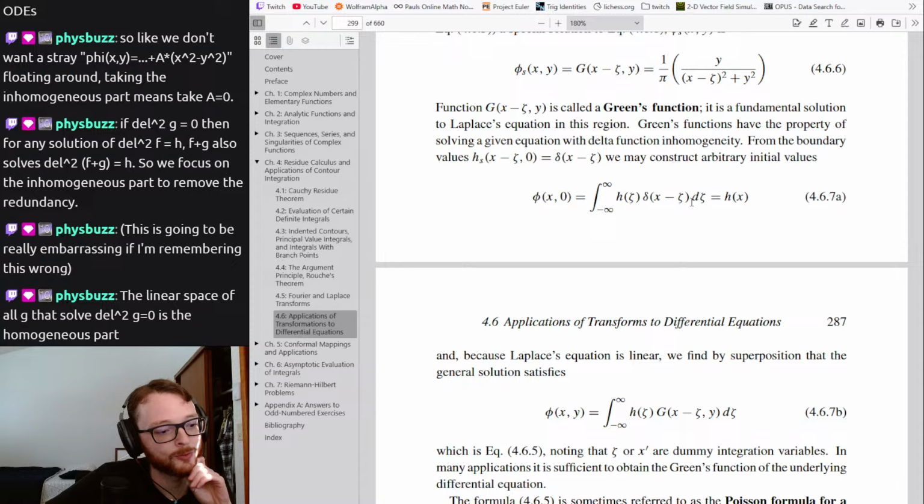The null space of all g that solves del squared g equals 0 is the homogeneous part, right? Oh my god. Okay.